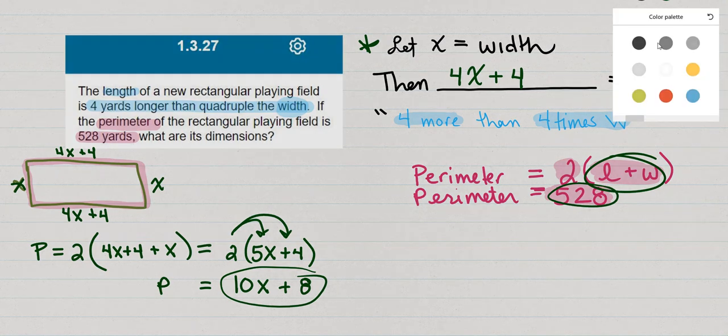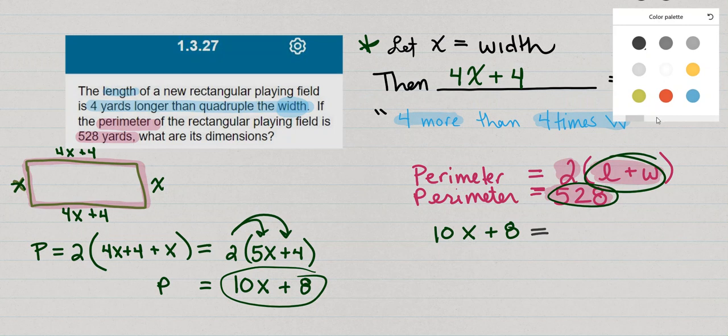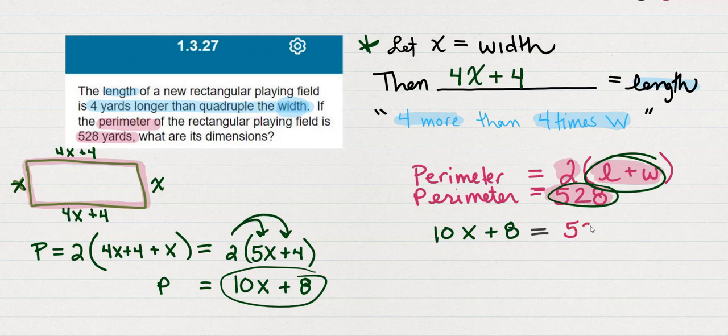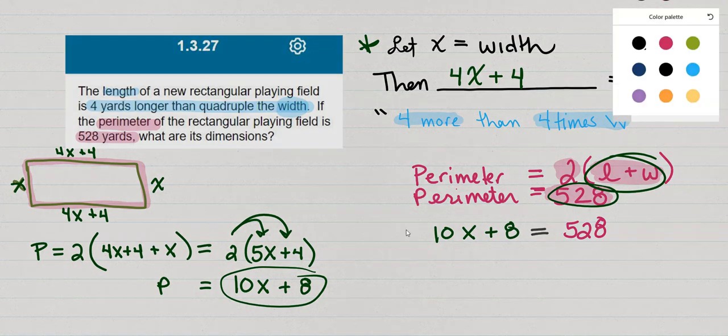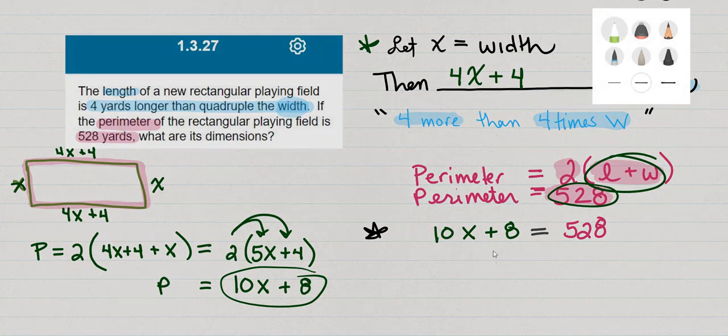So now I can say that 10x plus 8 is equivalent to 528. Now I'm ready to solve the equation. It's a really easy linear equation to solve once I have it written. Writing an equation that describes all the information is one of the steps, so now the easy part, compared to the work I've done, is to solve it.